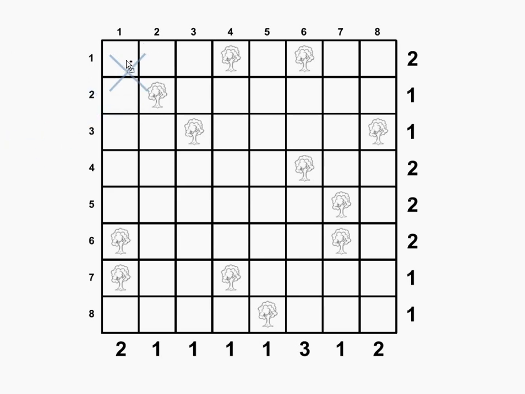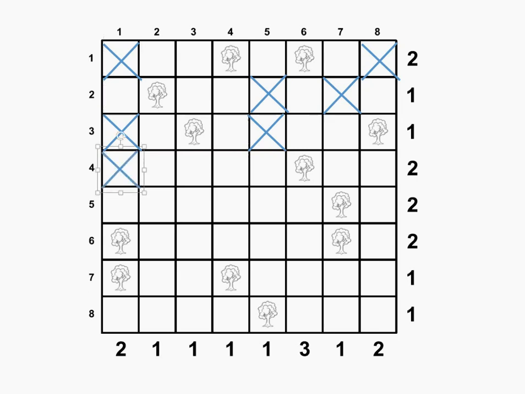In row number 1, this is an empty cell according to the main condition, and the second one is here. Row number 2, an empty cell is here and an empty cell is here. Row number 3 here and row number 3 here.